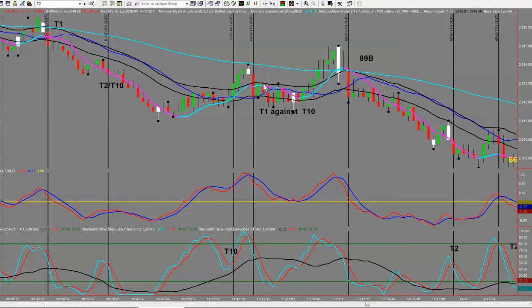I like to have a stop on average of no more than 8 ticks. Now here if we look at the size of this candle and this one here, we would have had a stop of probably, I haven't worked out exactly, around 10-12 ticks.